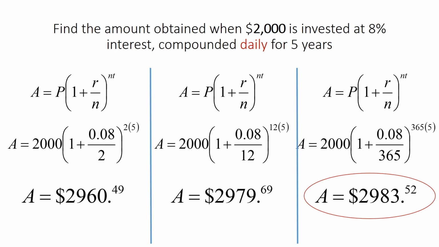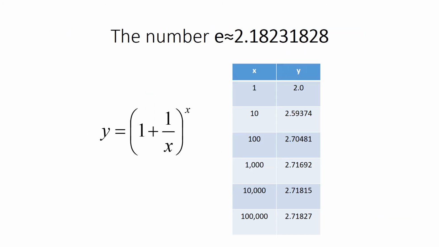And in fact, you can continuously compound and realize that you will approach the number e. So the number e is a constant value, and here's a way to draw out why that number is so important and special. If you want to do a calculator exercise, you can play with this formula here on the left, 1 plus 1 divided by x, that quantity raised to the power of x.